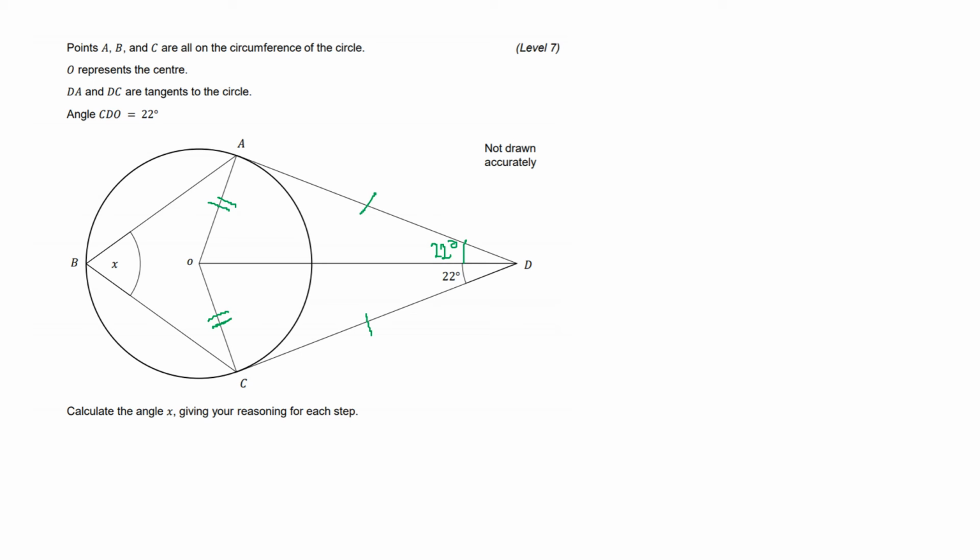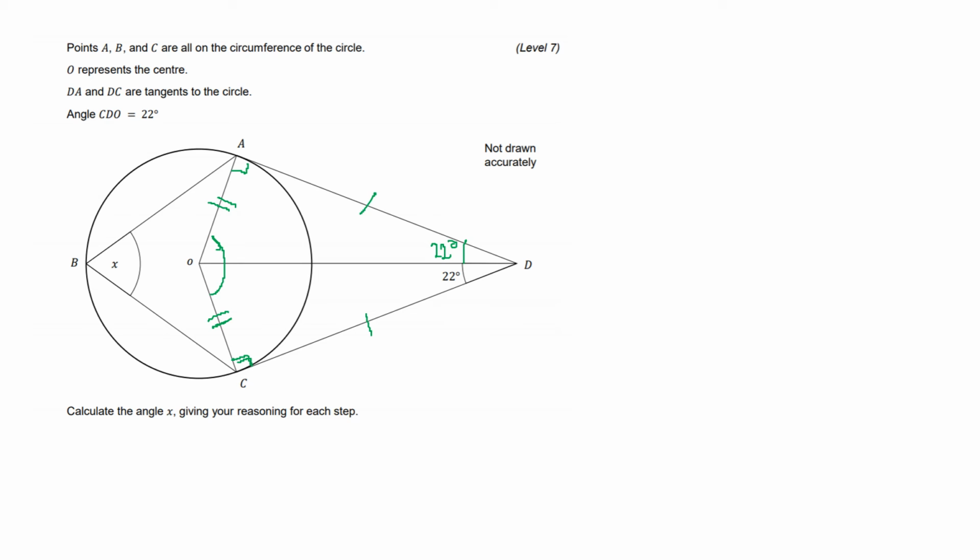Angles OAD and OCD will both be 90 degrees because they are formed where a tangent and a radius meet at the circumference, so they have to be 90 degrees. So we can now figure out what this angle is, because ADCO is a quadrilateral.